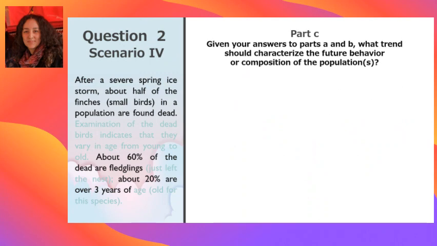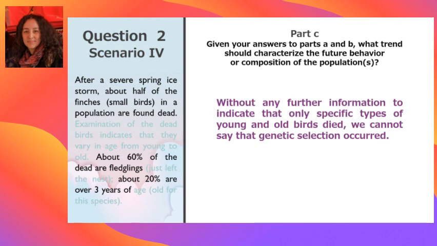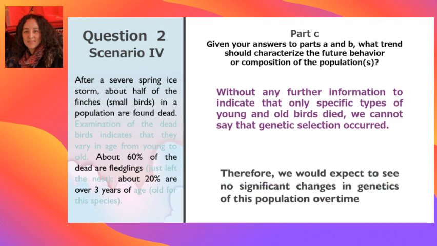Okay, part C. Given your answers to A and B, what trend should characterize the future behavior or composition of the population? So without further information to indicate that only specific types of young and old birds died, we cannot say that genetic selection occurred. Therefore, we would expect to see no significant changes in genetics of this population.